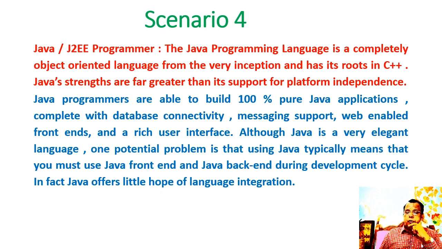Now we are discussing scenario 4. Java/J2EE programmer. The Java programming language is a completely object-oriented language from the very inception and has its roots in C++. Java's strengths are far greater than its support for platform independence.